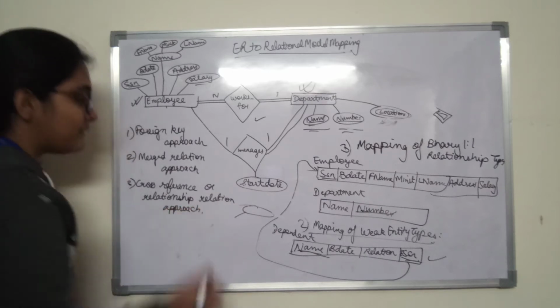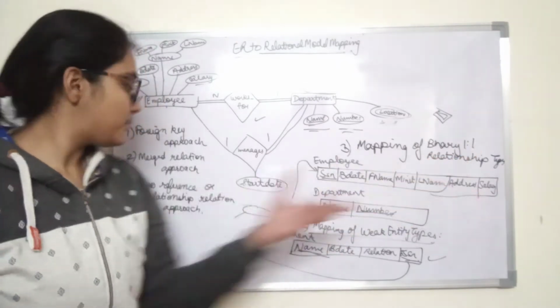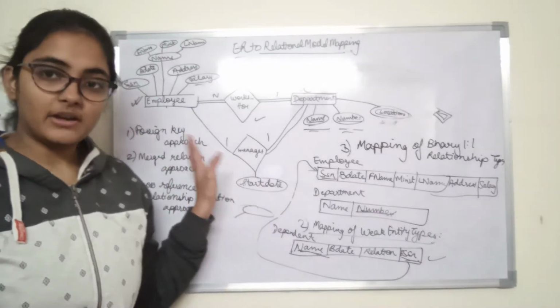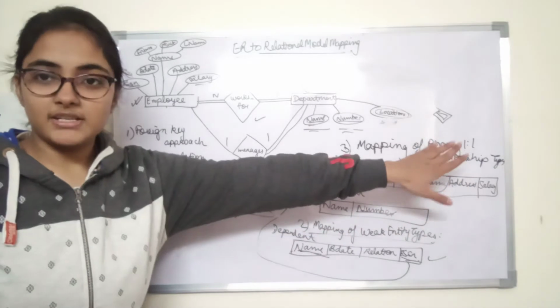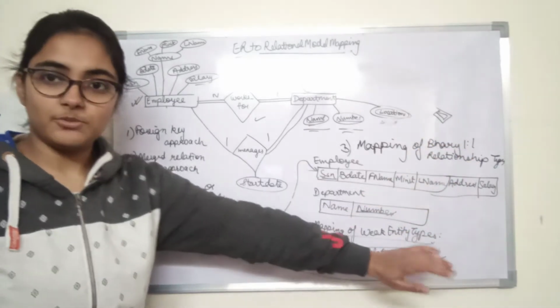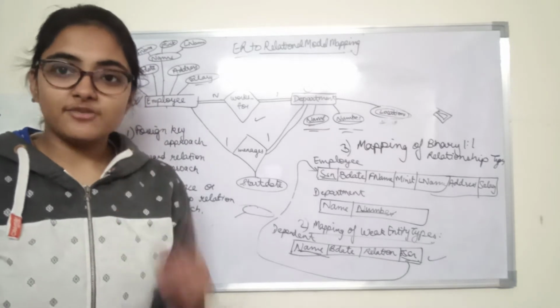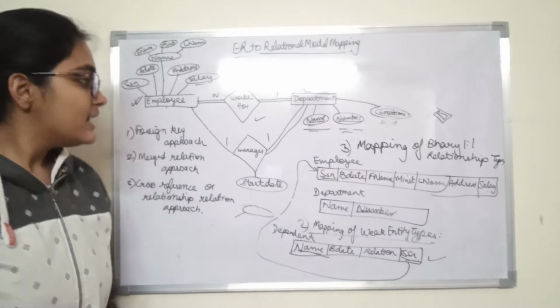When we deal with a binary 1:1 relationship type, the most popular approach is the foreign key approach, so first we look at that. These 3 are the approaches by which we can map a binary 1:1 relationship type into relational model. In the foreign key approach, we include as foreign key in one of the relations the primary key of another relation. Which relations?